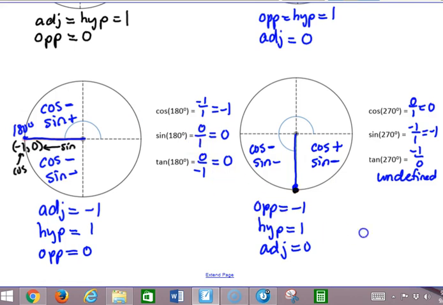When we're down here at 270 degrees, this would be 0, negative 1. 0 tells me the cosine value, negative 1 tells me the sine value, negative 1 over 0 is the tangent value. So this is how you find the sine, cosine, and tangent of our quadrantal angles, the ones that are in between the quadrants: 0, 90, 180, and 270.